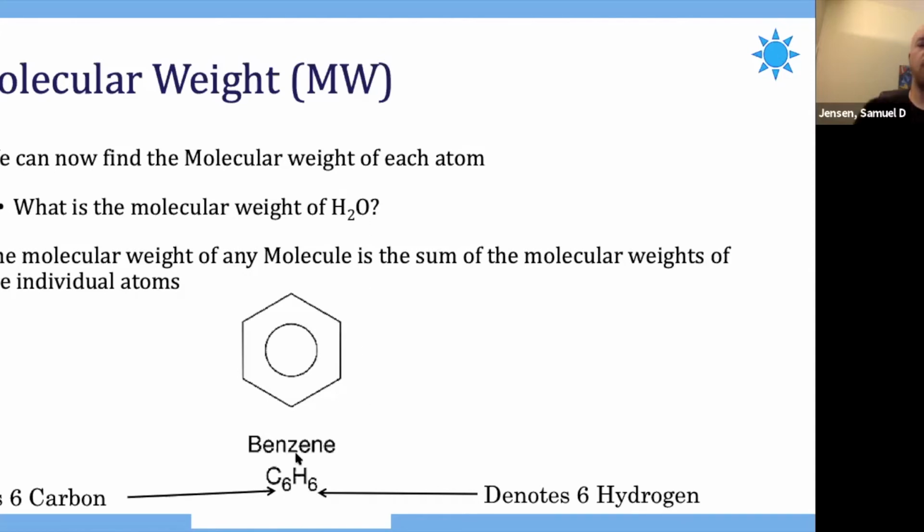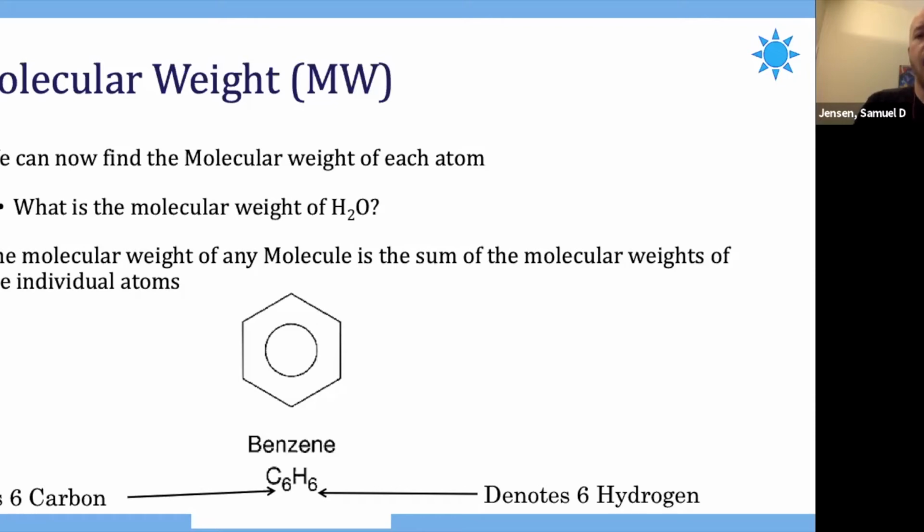So if we wanted to know the molecular weight of benzene, you are always going to have the periodic table available. You don't have to memorize molecular weights. We talked about this last time. If you have the periodic table available to you, you know what the molecular weight is for carbon, and you know what the molecular weight is for hydrogen.